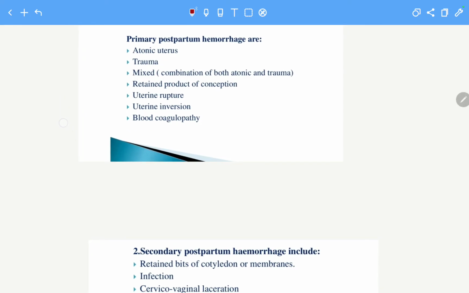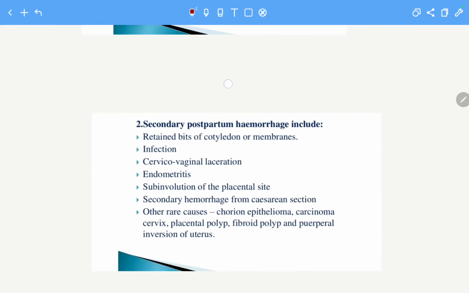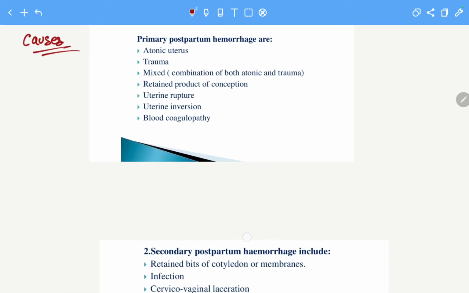Okay, the causes of PPH I have mentioned here for the primary PPH and secondary PPH differently. So the causes for primary PPH is atonic uterus, right?